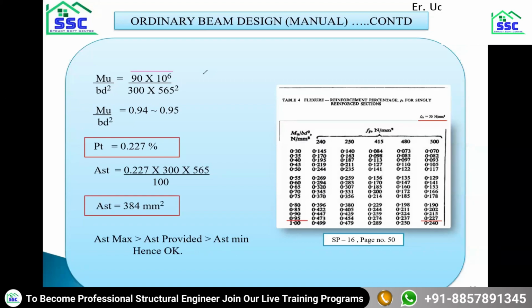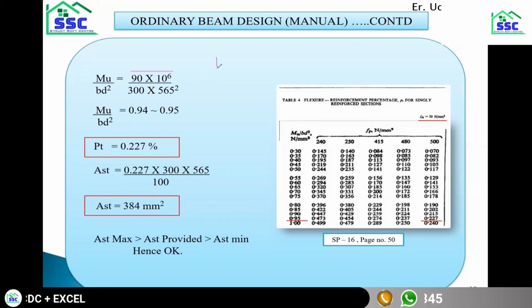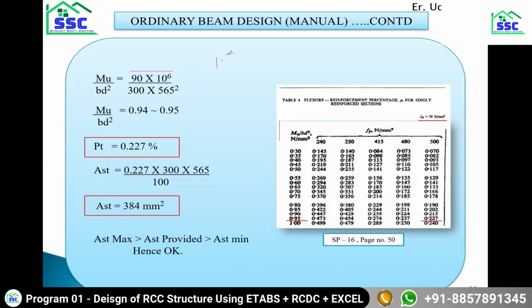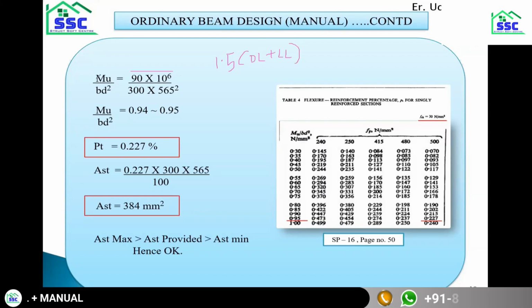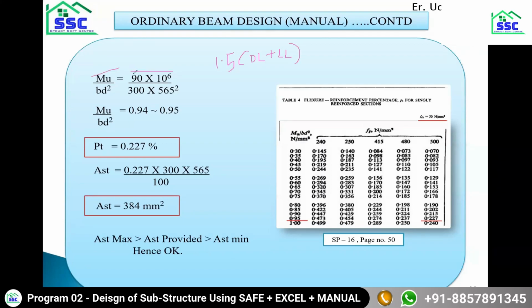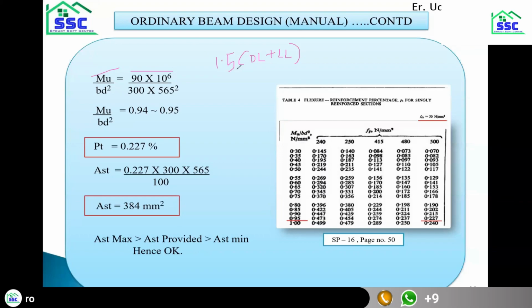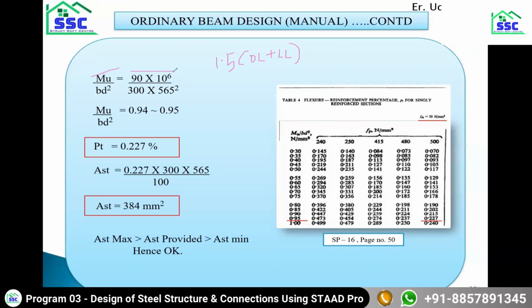Since we have extracted the result using our combination of 1.5 dead load plus live load, our bending moment is a factored bending moment Mu. So I am using it straight away, 90 kilonewton meter. There is no need to apply any factor to it because we have already extracted it from Etabs using our load combinations. So Mu by bd square.